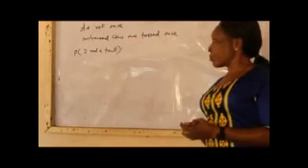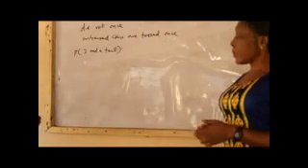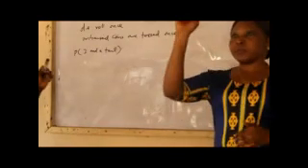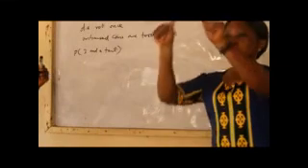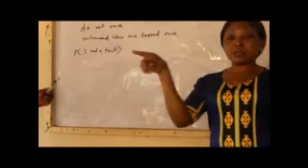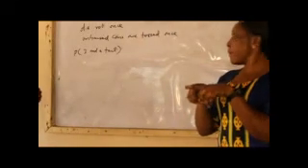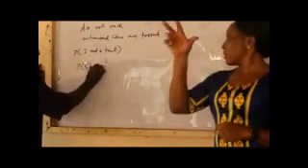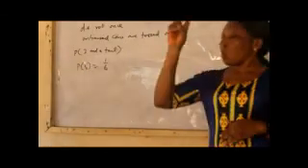A fair die. When you use the word fair, the shape is the same, so there's no way you do something so that 3 will come up. So the probability of getting 3, P(3), is equal to 1 out of 6 chances.